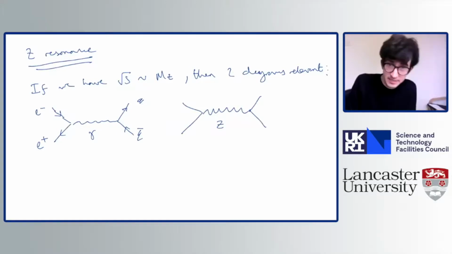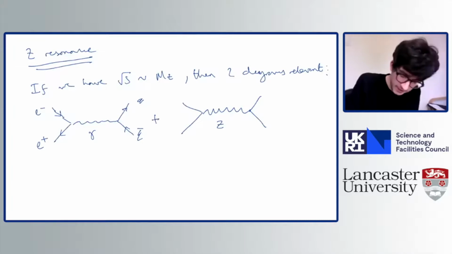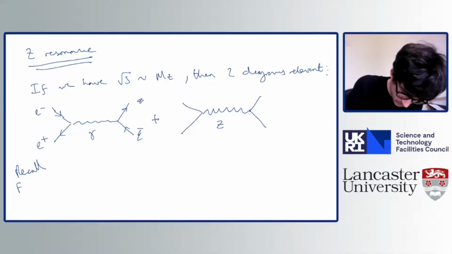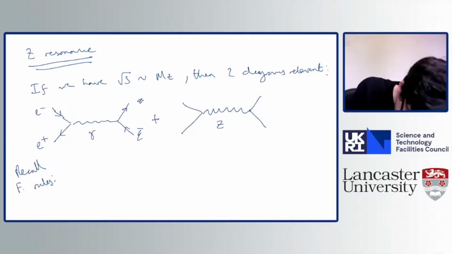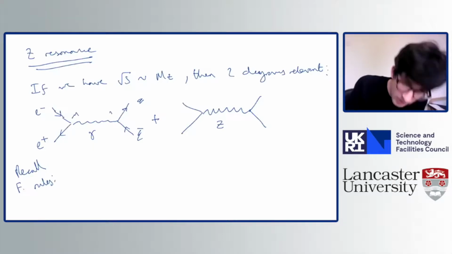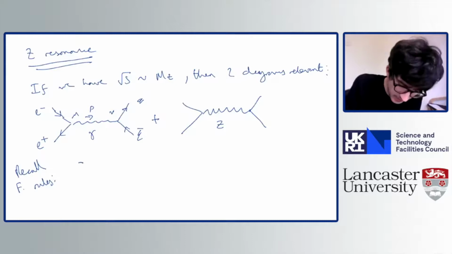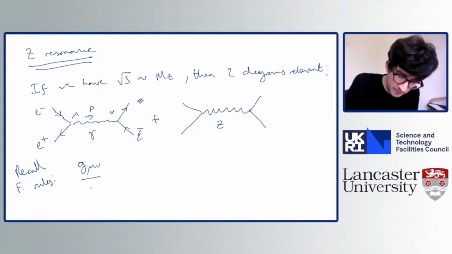And that is now the Z in the intermediate state. And we recall our Feynman rules, that if we associate a mu and a nu there, and we call that momentum P, then we've got, forget about minus signs, just a g mu nu over P squared there.